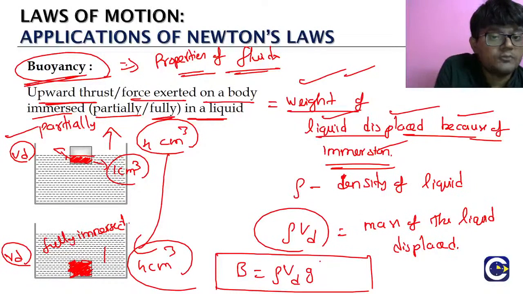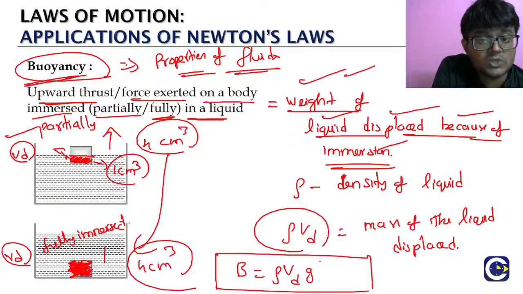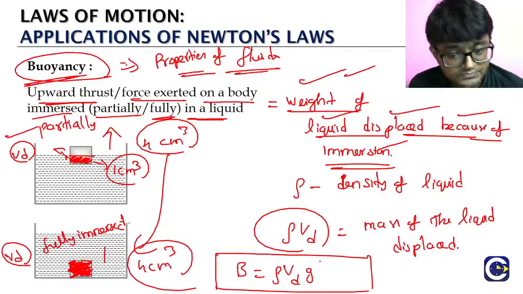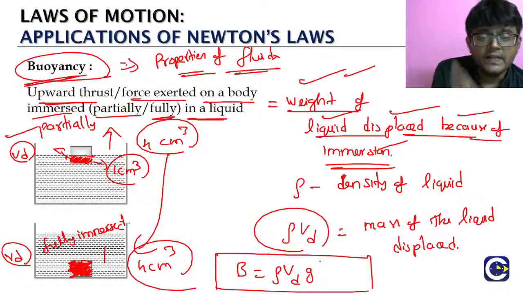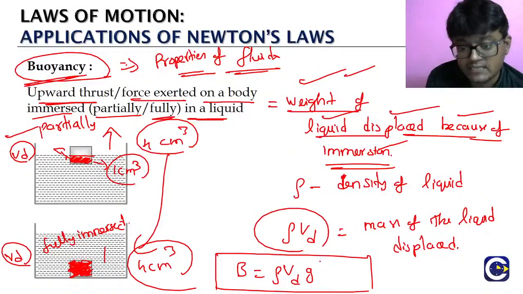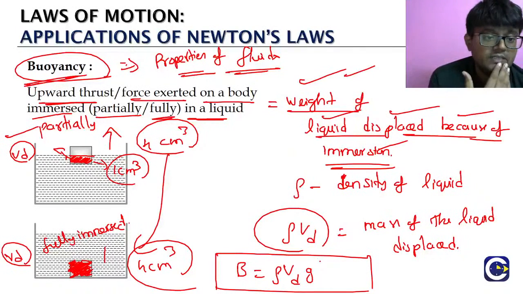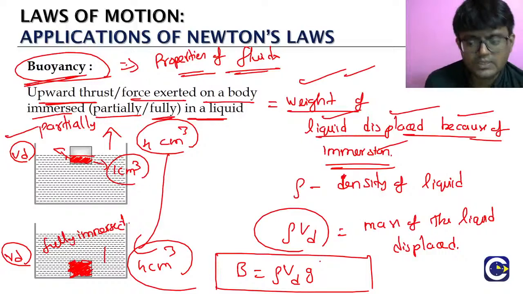For now, we'll just look at this formula for the buoyancy force: rho into Vd into g. Rho is the density of the liquid, Vd is the volume of the liquid displaced, and g is the acceleration due to gravity. So this is the concept of buoyancy or the upward thrust. Okay, we'll see in the next session.